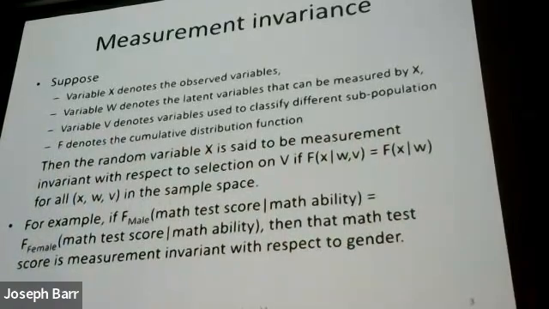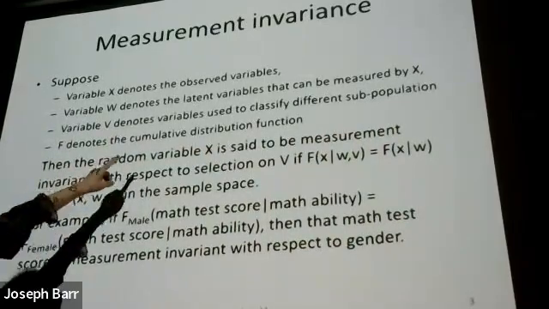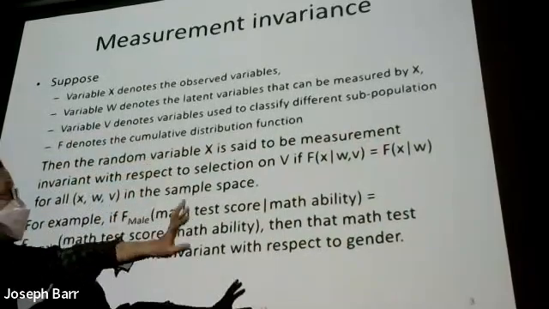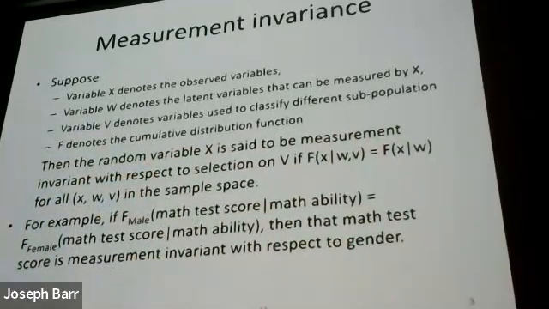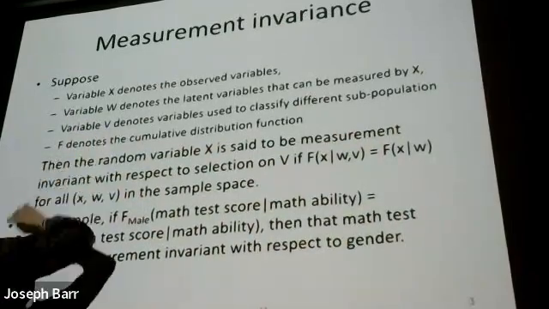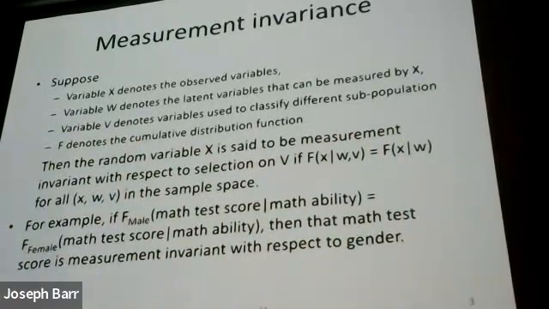And we also have V, which denotes variables used to classify different subpopulations or different groups. Okay, so we have different groups. We use V as a group indicator, or just a class variable.